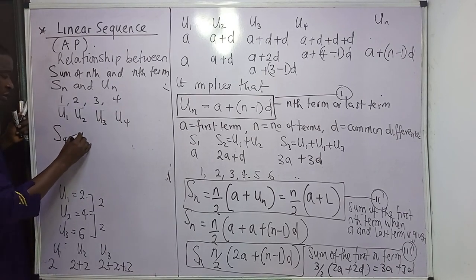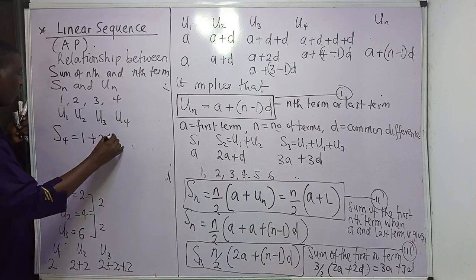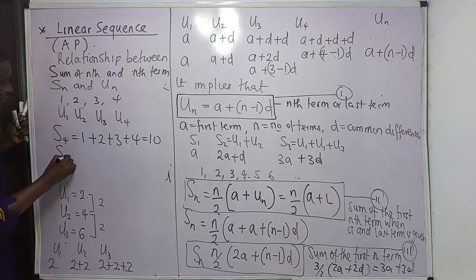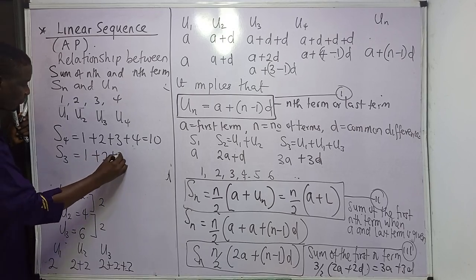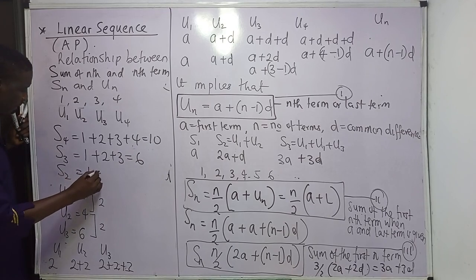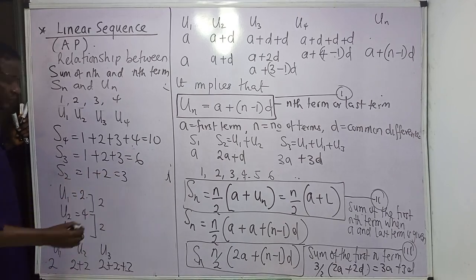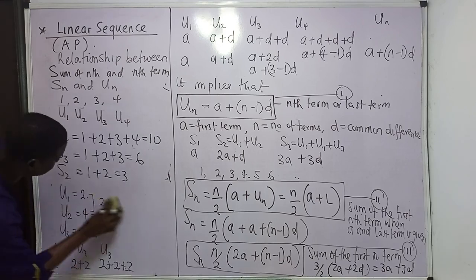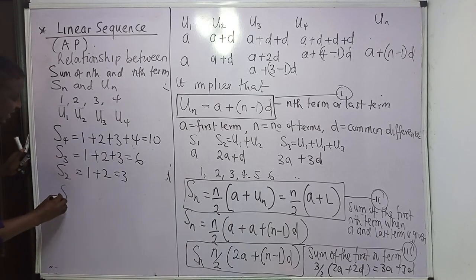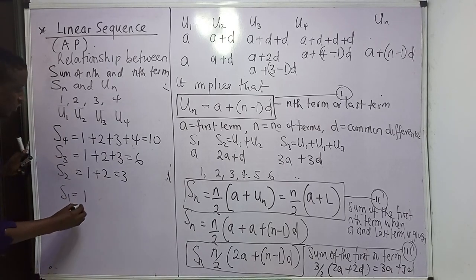S4 is 1 plus 2 plus 3 plus 4, and that is 10. Give me S3. S3 is the sum of the first 3 terms, which is 1 plus 2 plus 3 equal to 6. Give me S2. You have 1 plus 2 equal to 3. Give me S1. S1 is the same thing as U1, which is equal to 1.